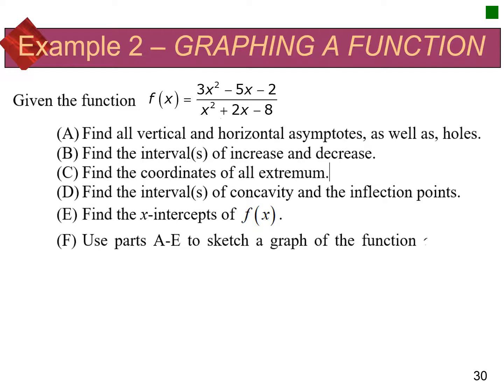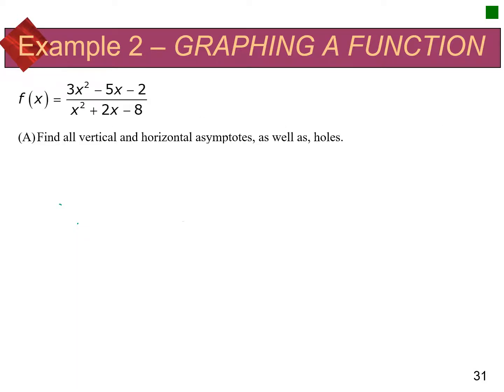We're looking for intervals of concavity as well as any inflection points. We're also going to look for x-intercepts, because with these types of graphs you still need some points of reference to help locate certain things. Then we'll use all these things to graph the function, and those points will be more than enough to get a pretty accurate graph. So let's break down each one of these points individually. First, I'm going to find vertical and horizontal asymptotes as well as the holes.